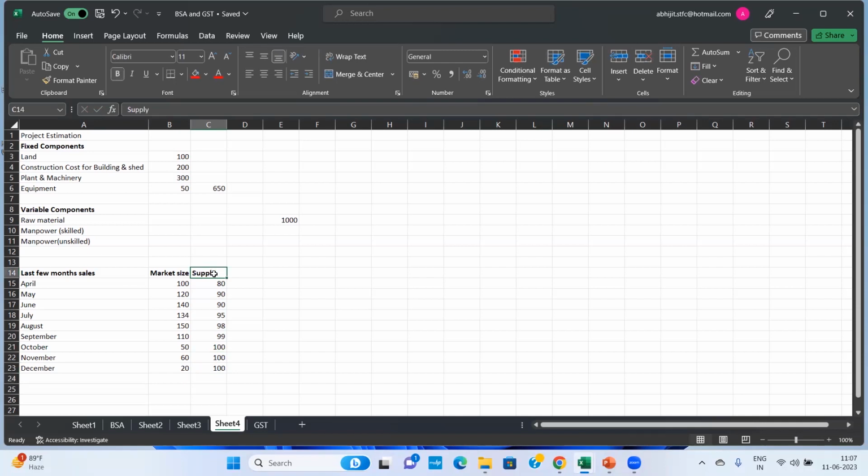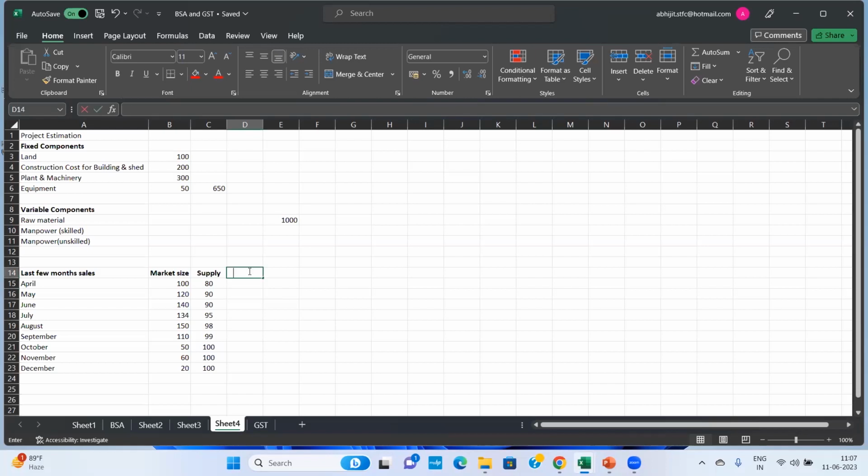This is the units which are supplied in the market. I'll get into competitor analysis after that, later on. That is something which is a micro level of analysis, which will come later.